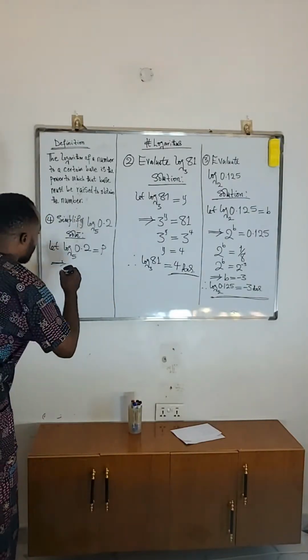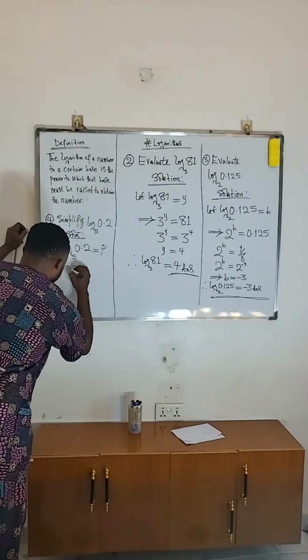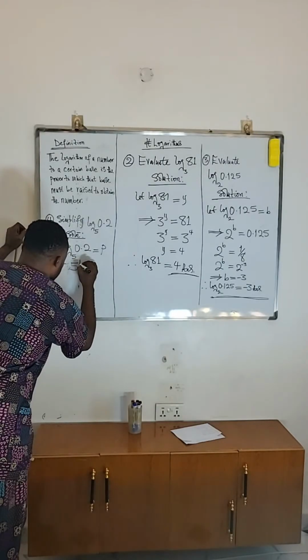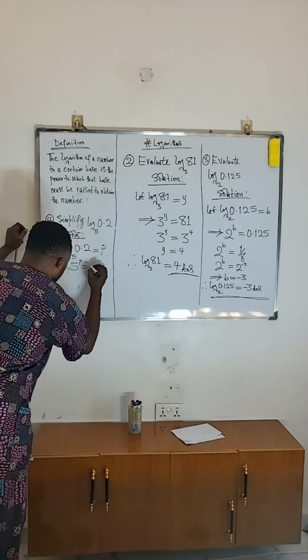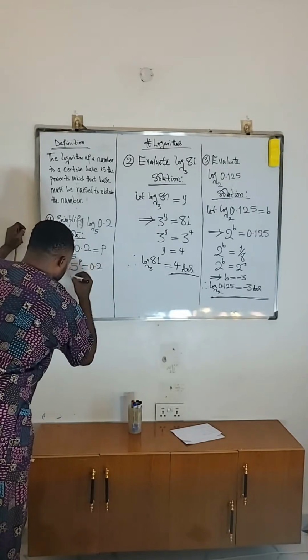So from here, you can see that 5 raised to the power of P equals 0.2.